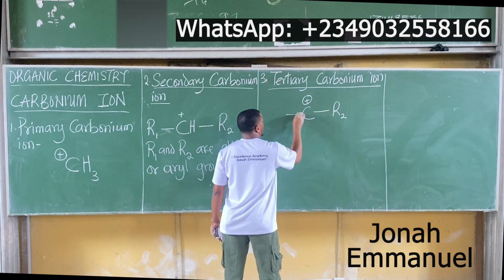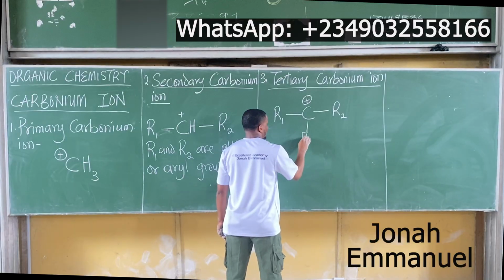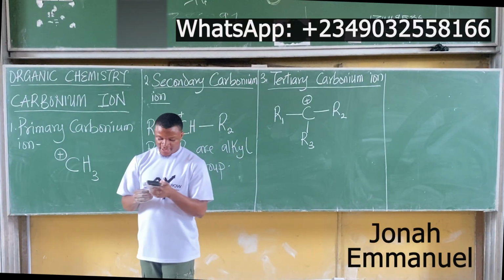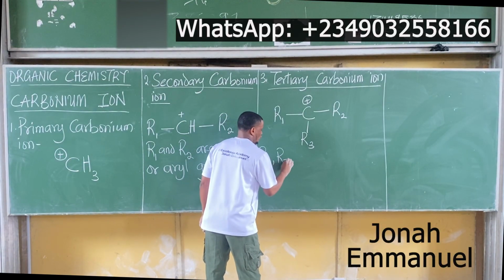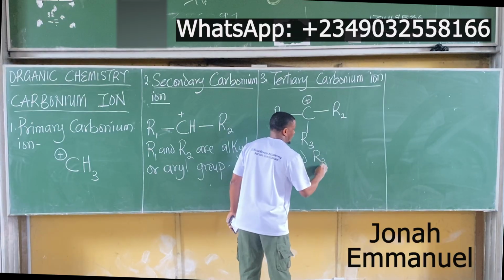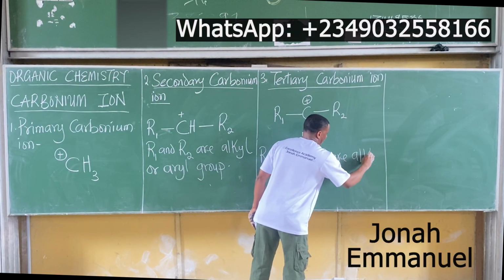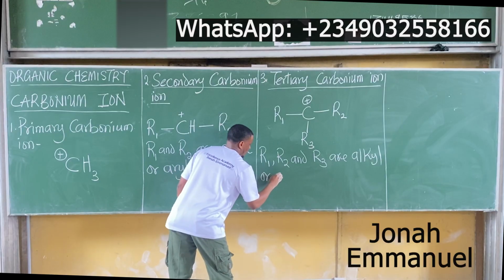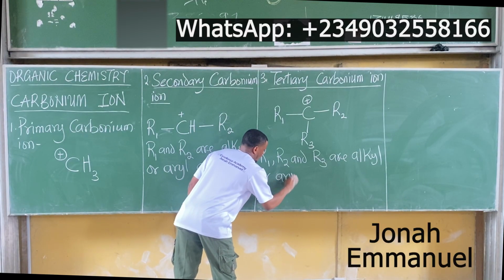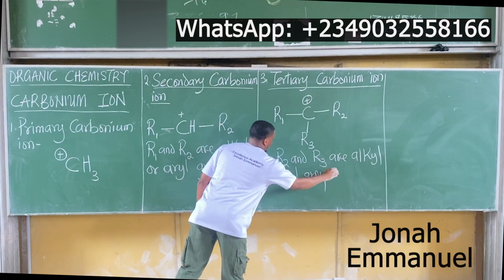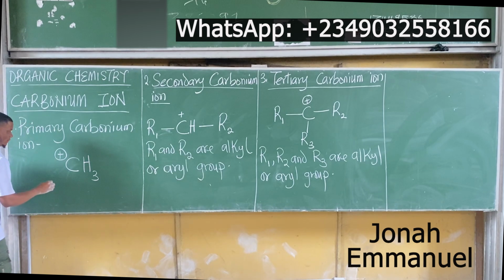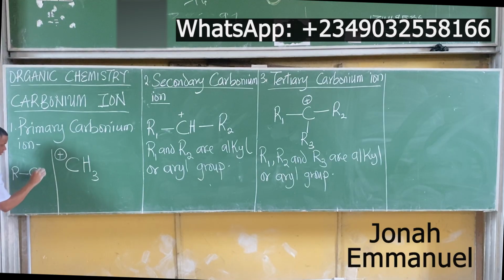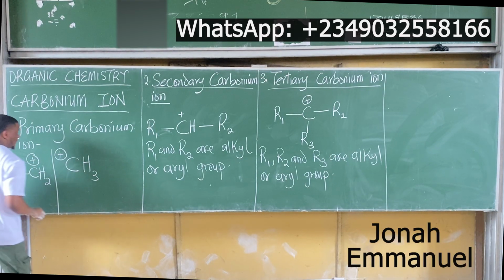Let's call this R2, let's call this R1, let's call this R3. So three alkyl groups. Again, R1, R2, and R3 are alkyl or aryl group. This one can also be written as aryl-CH2 and then plus. Look up, please.